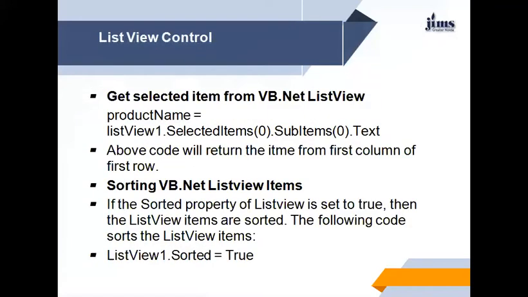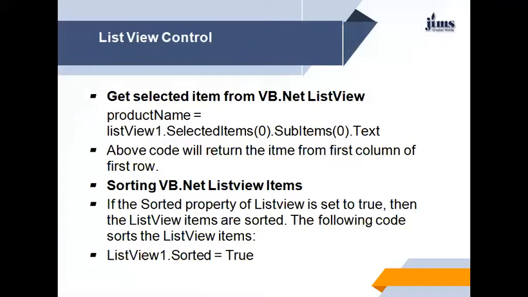Now get selected item from VB.NET list view. How will you select it? productName equals ListView1.SelectedItems(0).SubItems(0).Text. Here you are selecting the first item and also the first sub item, and .Text means you will display it in the form of text.